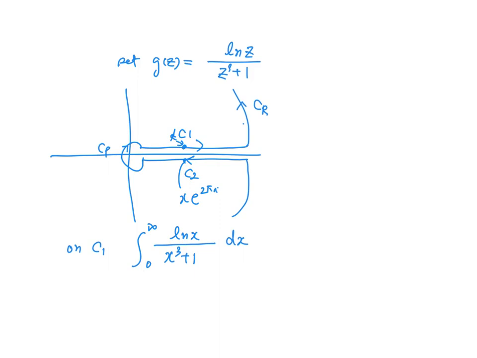So on C1, if we integrate G of z, then it becomes ln x divided by x cubed plus 1. That's the integral over C of G(z) dz. How about C2?